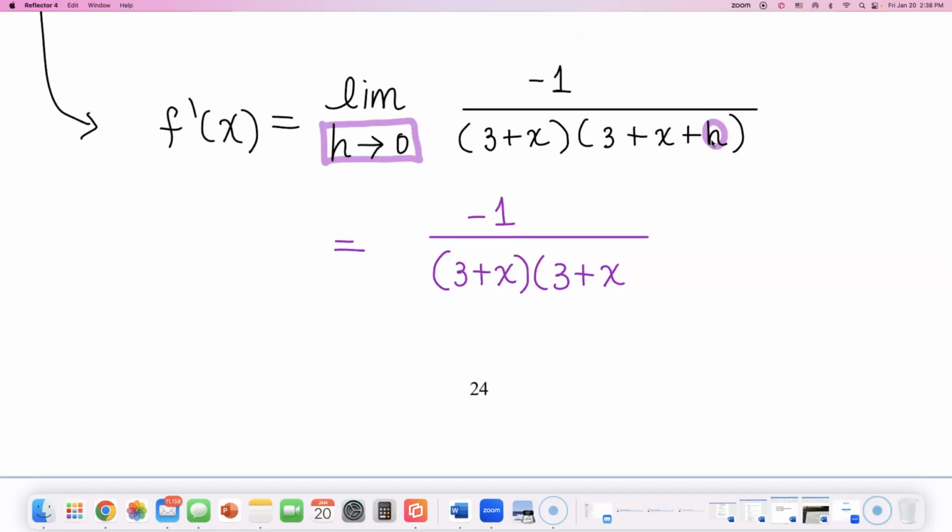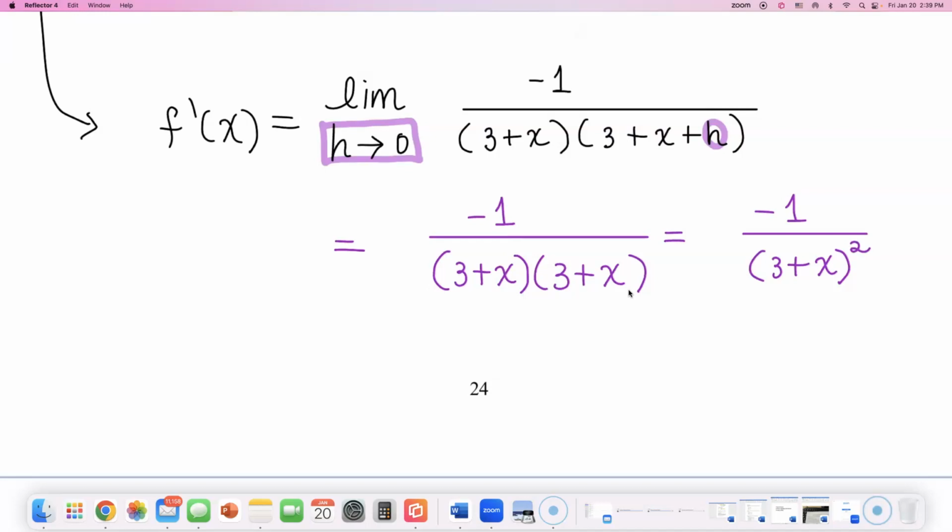But for 0, I don't have to write it, right? Notice that in the denominator, we're doing something times itself. We can write this as this something, 3 plus x, squared.